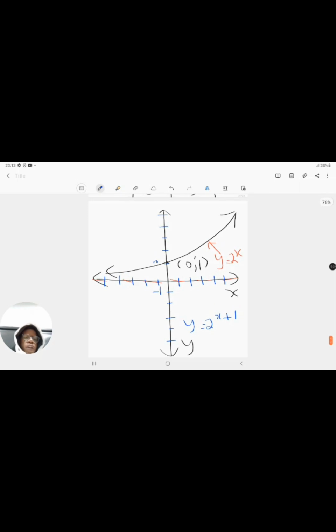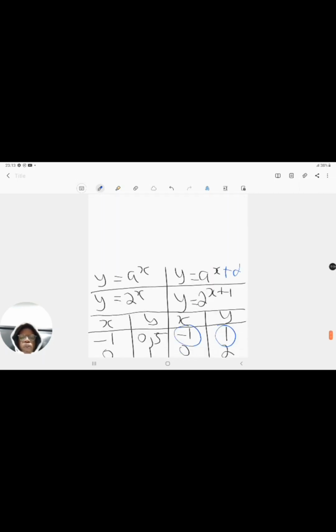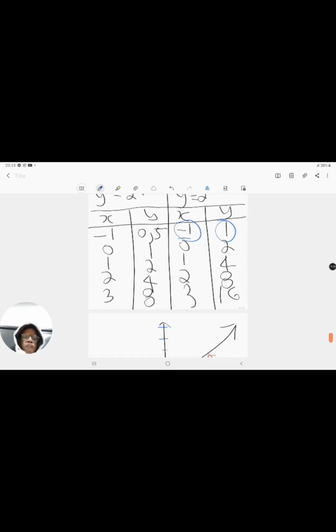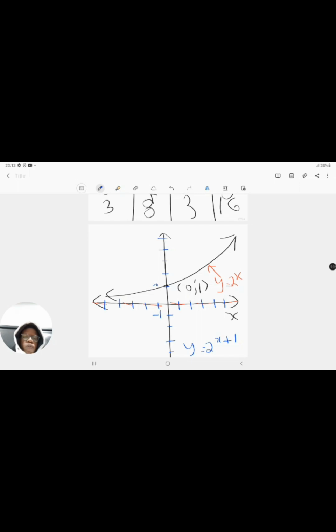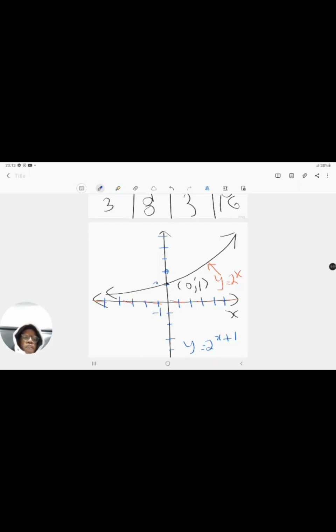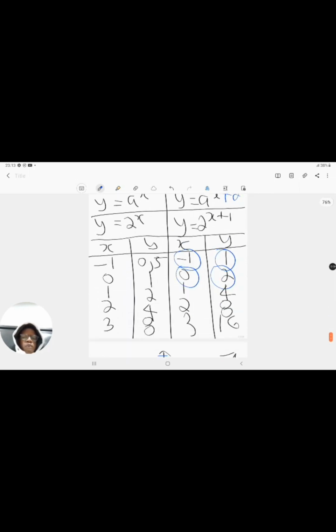Now when x is equal to 0, y is equal to 2. So 2 is there, x is 0 is there. Let's go on ahead and get the next point.